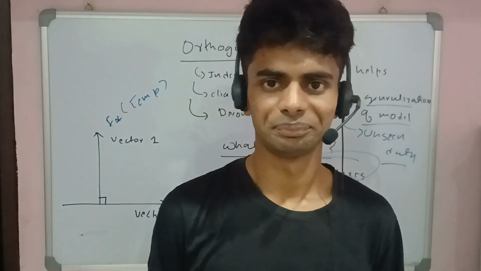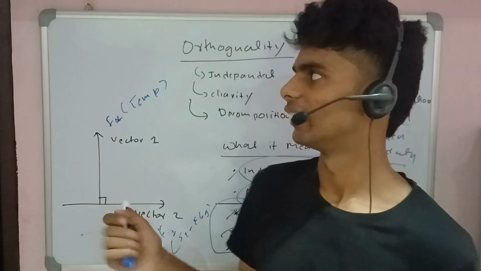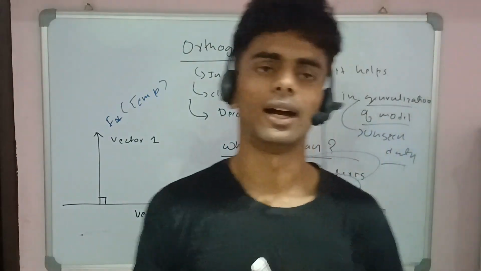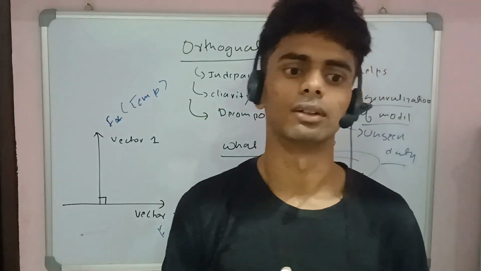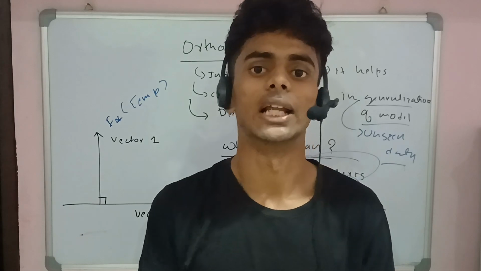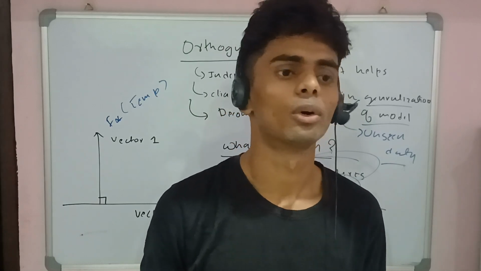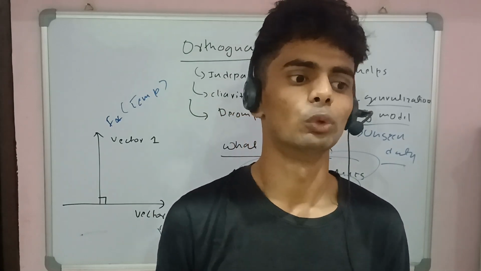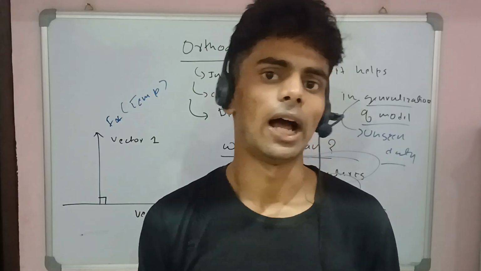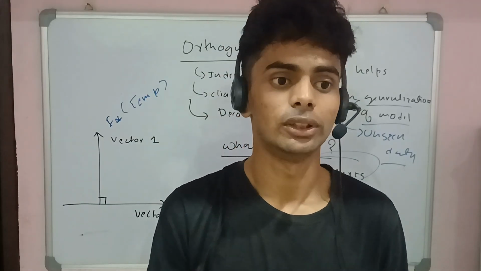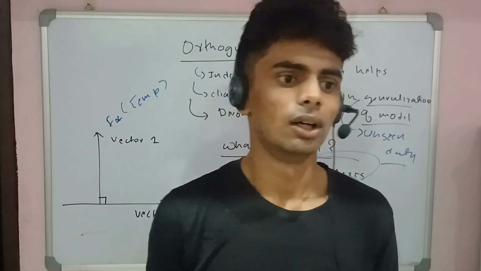That's all about orthogonal and orthogonality, and it's important because it helps us in generalization. First of all, the model always tries to learn which features are different and independent from each other, and that processes the information much better.